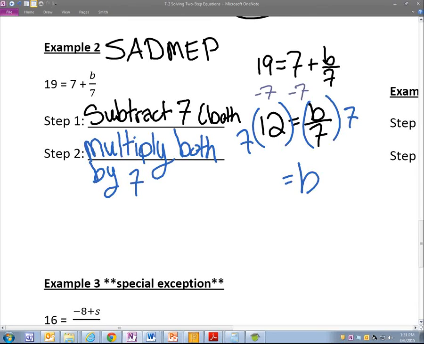B equals 7 times 10 plus 14. 84, yep. B equals 84.